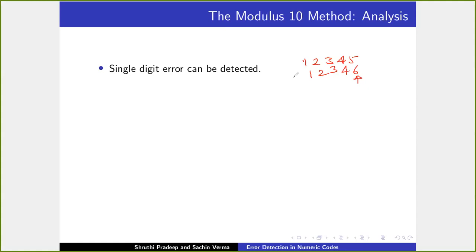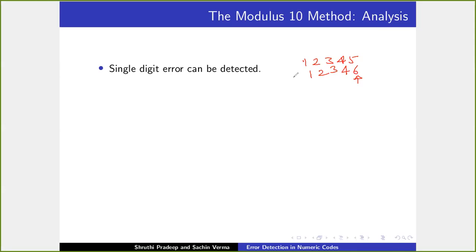We can clearly observe that this arithmetic is going to work in this case, because the addition of the digits 1 2 3 4 5 is going to be very different from that of 1 2 3 4 6, right? So with this method of mod 10, we can detect single digit errors.